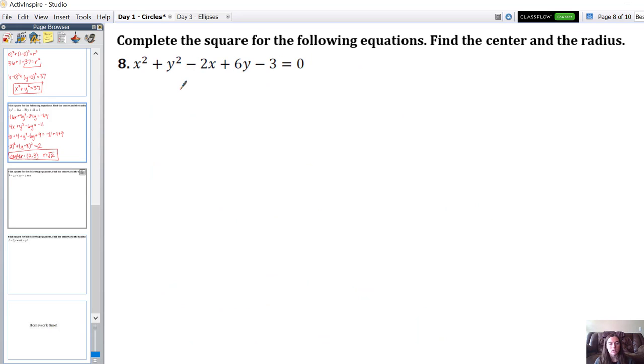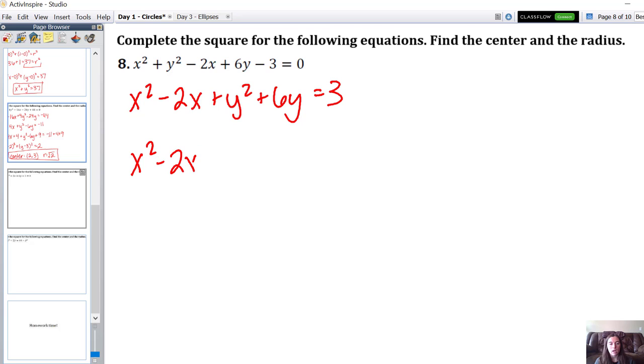Here we have x squared plus y squared minus 2x plus 6y minus 3 equals 0. I'm going to start by rearranging some things. We have x squared minus 2x plus y squared plus 6y equal to 3. Then I'm going to do the b over 2 squared. So we have x squared minus 2x plus 1 plus y squared plus 6y plus 9 equal to 3 plus 1 plus 9.